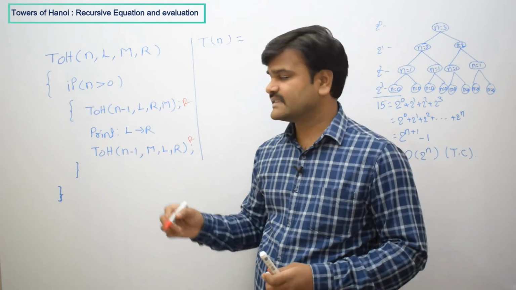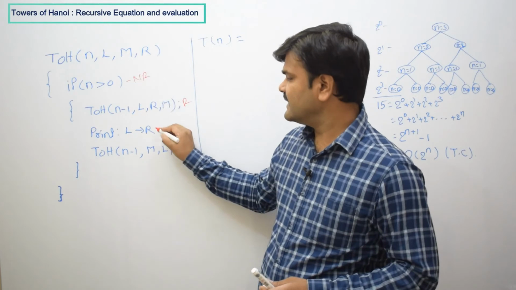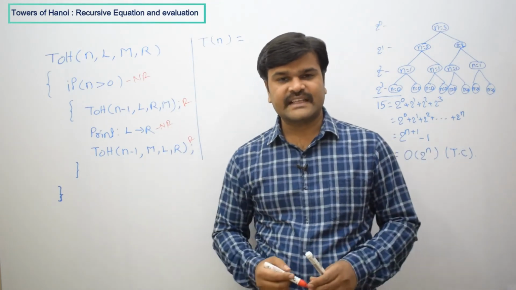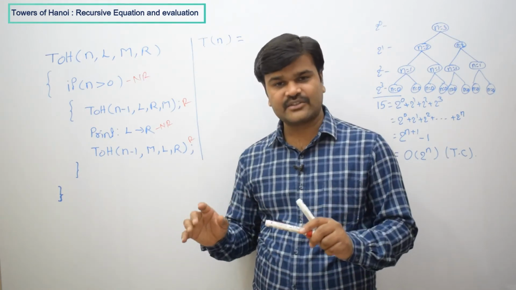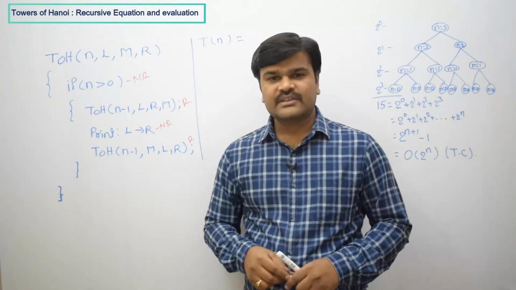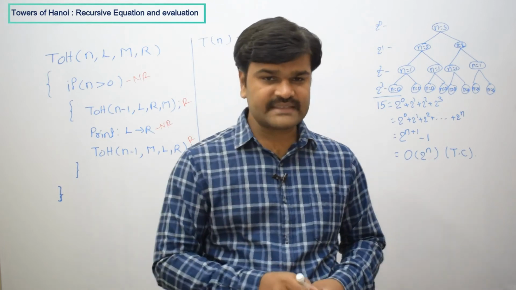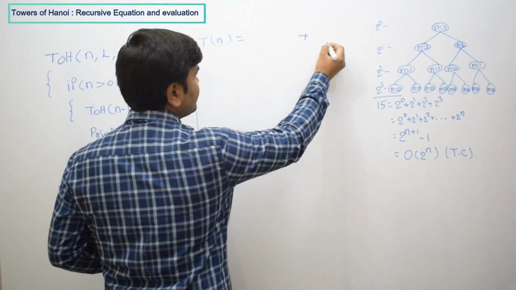And after this, the remaining statements are non-recursive. So now it is clear how many statements there are. All those statements we divided into either recursive code or non-recursive code. Whenever you are writing the recursive equation, always remember that in the recursive equation also we are going to have two parts.